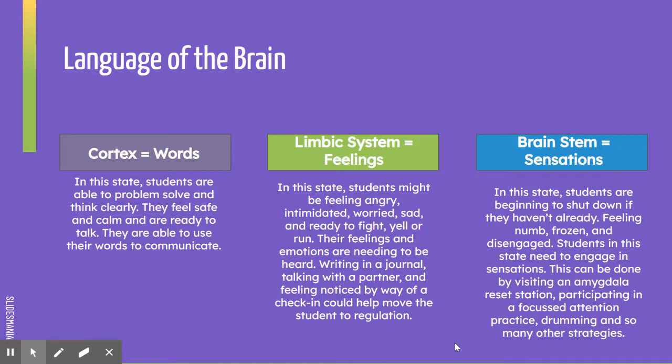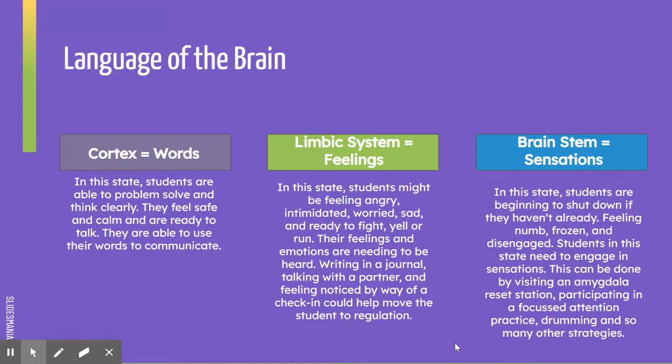So if a student might be angry or worried or scared or sad, this is a time where we need them to tap into those emotions and where we, as the adult, need to tune into those observable feelings and emotions that are being demonstrated by that student. So thinking about this is where writing in a journal and feeling noticed in some way through a check-in, for example, could help move the student to a more regulated brain state.